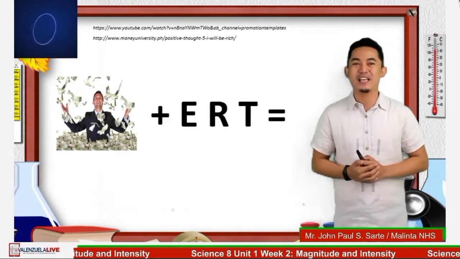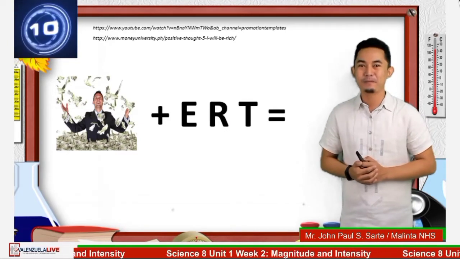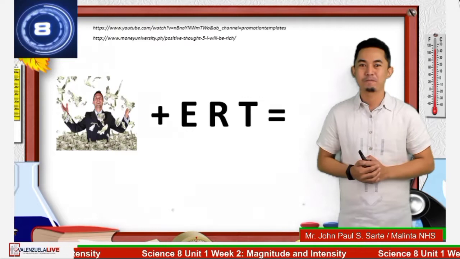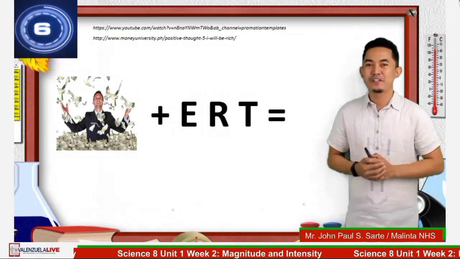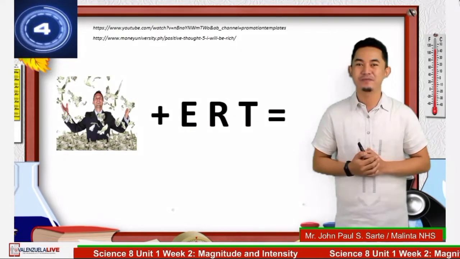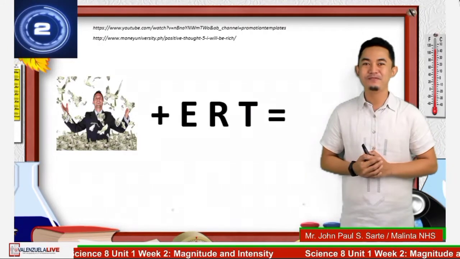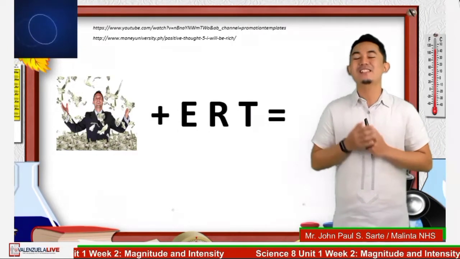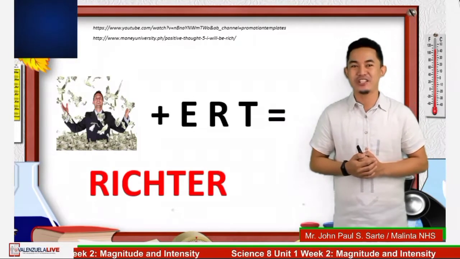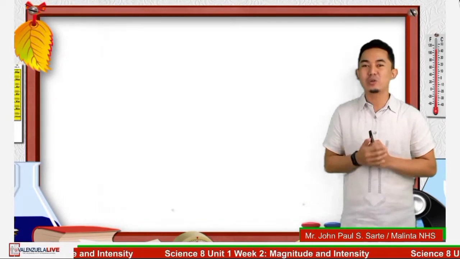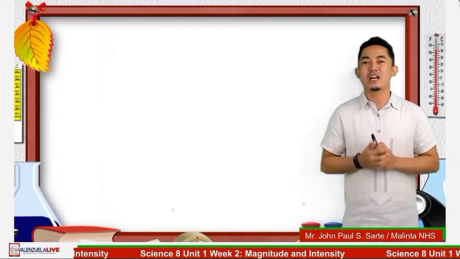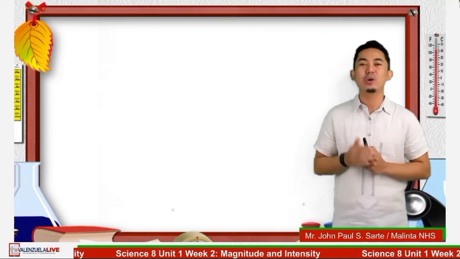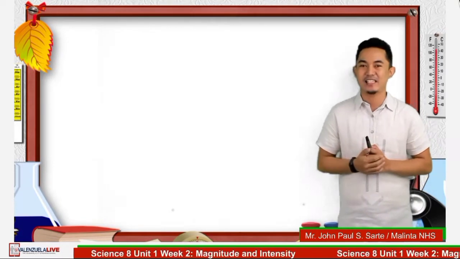What should be the answer? You still have 5 seconds. Very well said. It should be Richter. So those words you guessed in our discussion have something to do with magnitude and intensity.